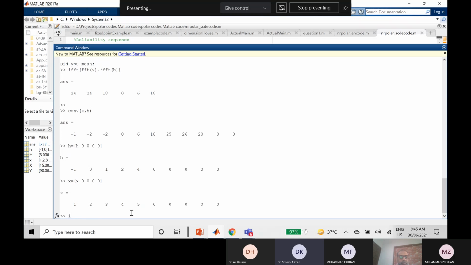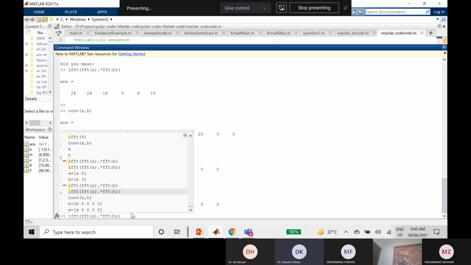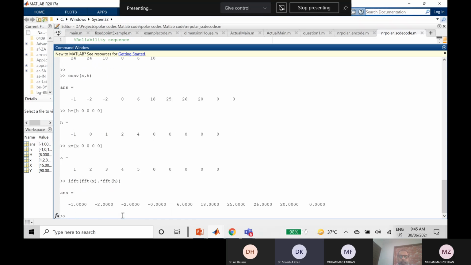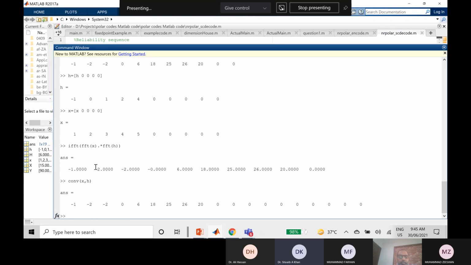And now if I use this IFFT and do the convolution, I get the exact answer, 1 minus 2 minus 2 0 6 18 25 26 20 0.